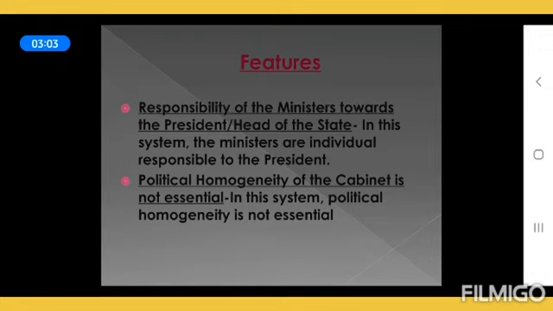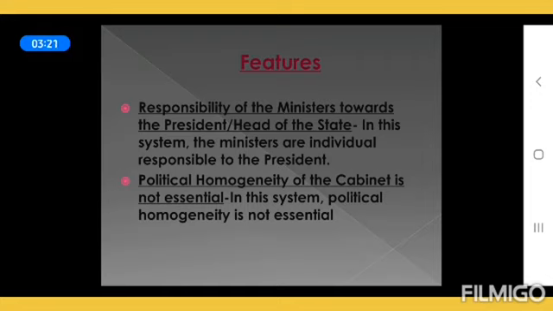So the chief executive is chosen for a specified term fixed by the constitution. The members of the cabinet are appointed by him. They are subject to his directions and control. They hold the office at his pleasure.